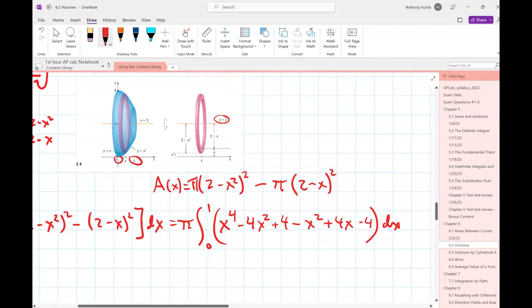So I did that. I foiled it out and distributed the negative through. I did that all in one step, just in my head. Feel free to take many more steps than that if you need to.